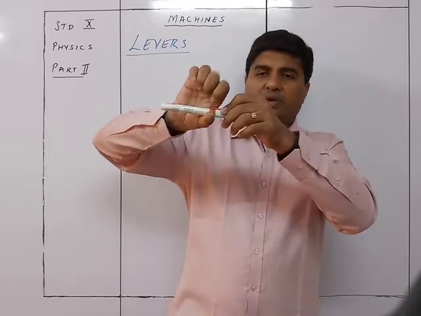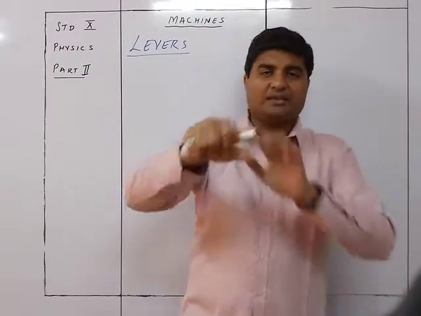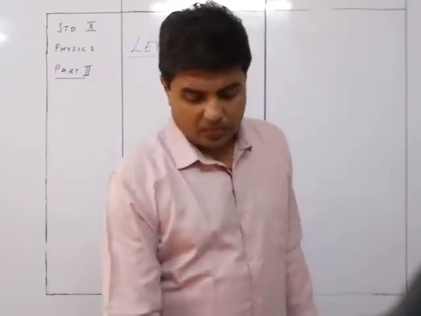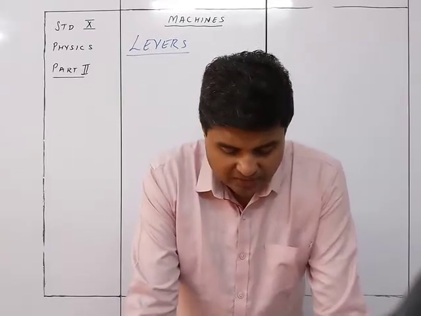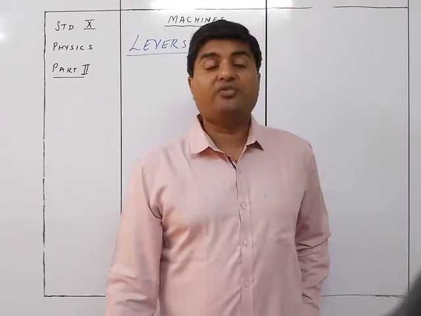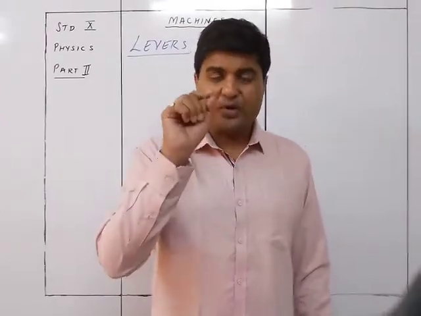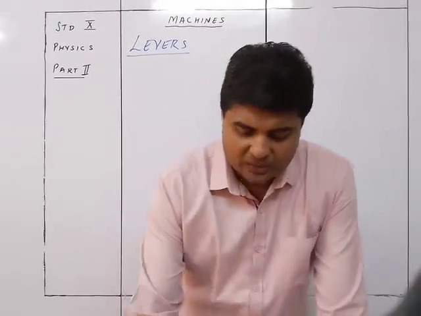So this fixed point is the fulcrum. The axis about which the lever turns passes through a point on the lever which is called the fulcrum. It is generally marked with the letter F.